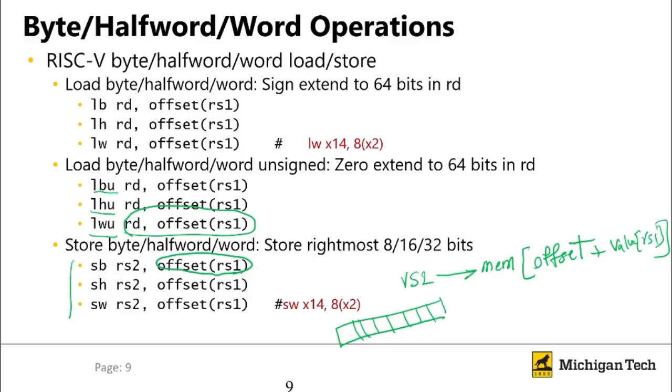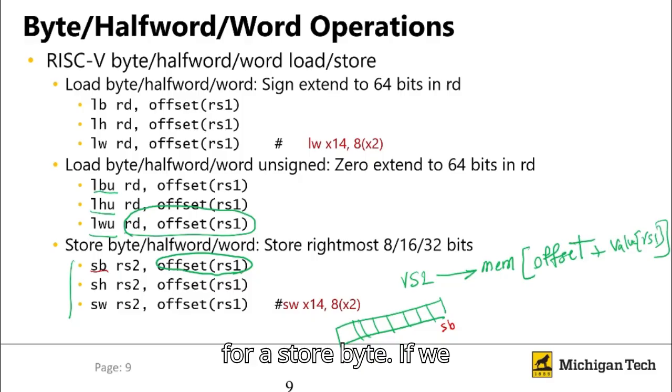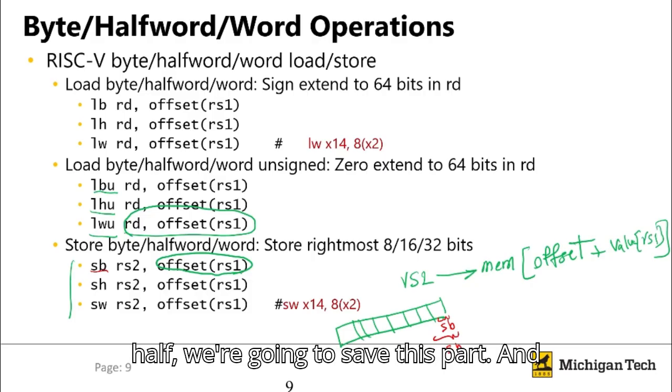If we do a store byte, it's just going to store this part. If we do a store half, we're going to save this part.